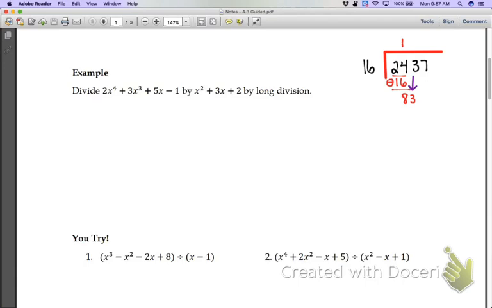So now you have an 83. So now what do I do? I do the same thing again, but now I'm doing it with the 83. So now I'm taking 83 divided by 16. How many times can 16 go into 83? 5 times? So now what do I do with the 16 and the 5?